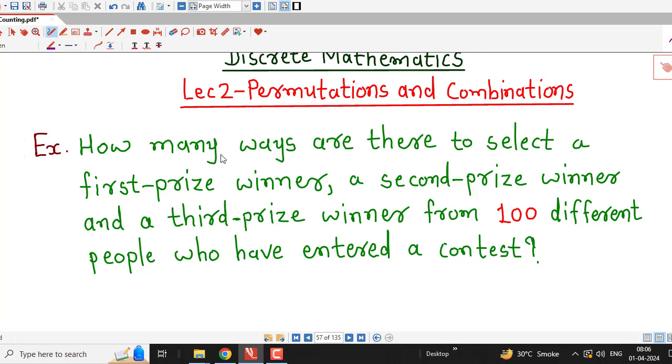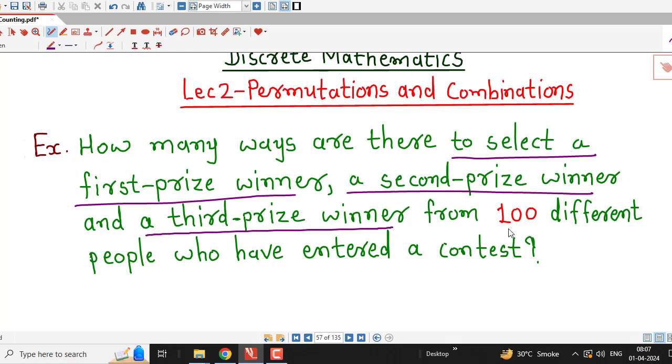In the first example, we have to decide the number of ways to select a first prize winner, a second prize winner and a third prize winner from 100 different people who have entered a contest.